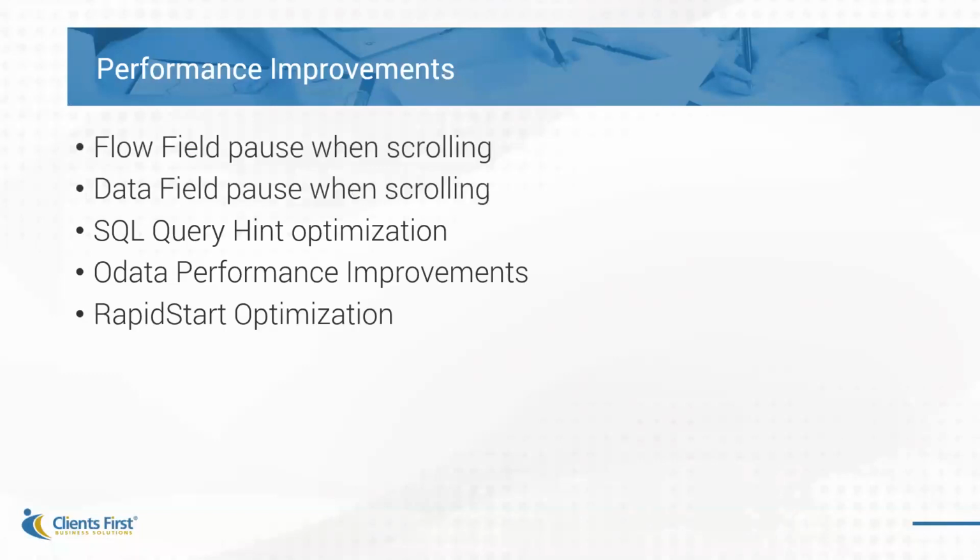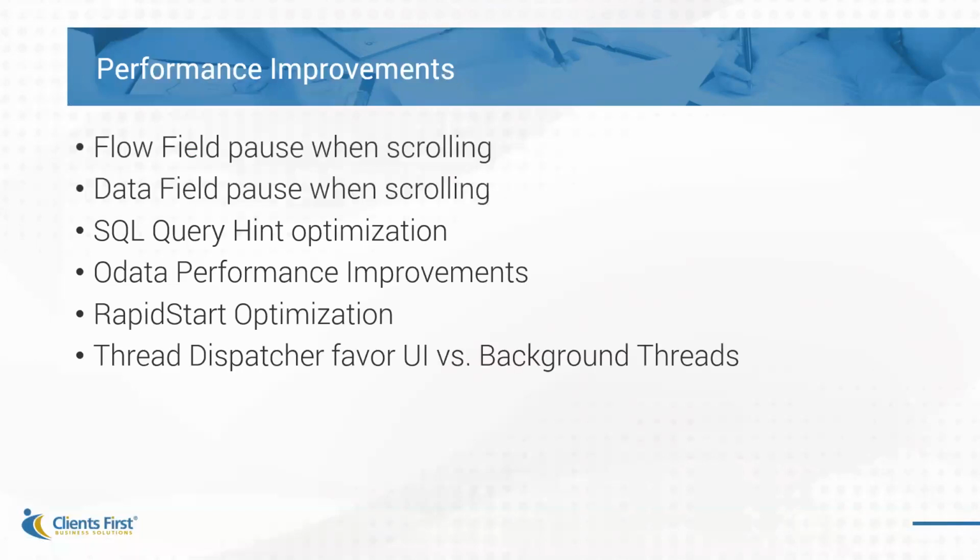They've modified the way the Rapid Start tool works for importing data from or to the database to perform much better. They've modified the thread dispatcher for data calls, favoring information that is presented on the user interface versus data that's just needed for background processes.